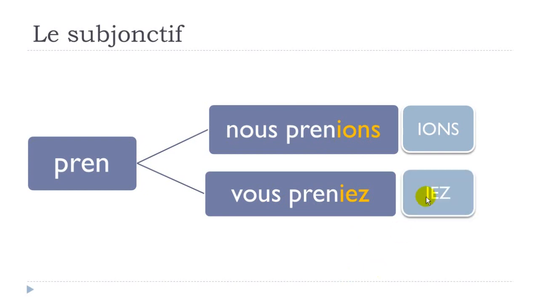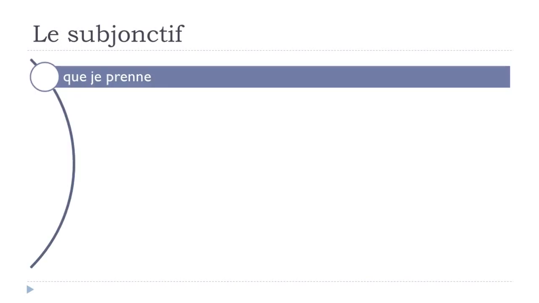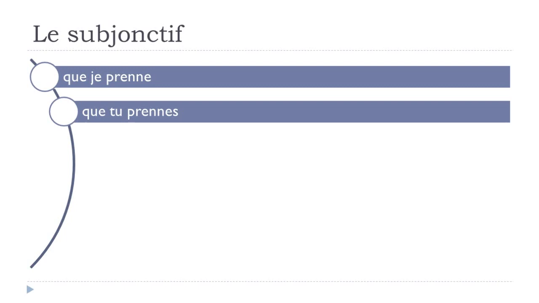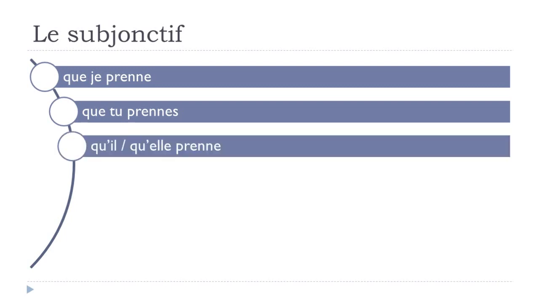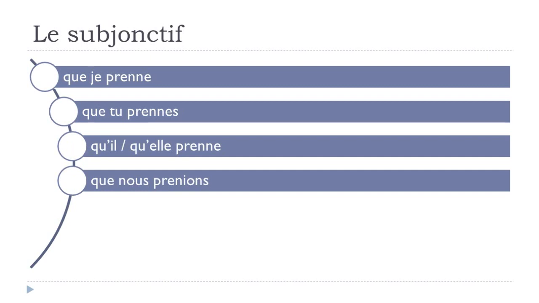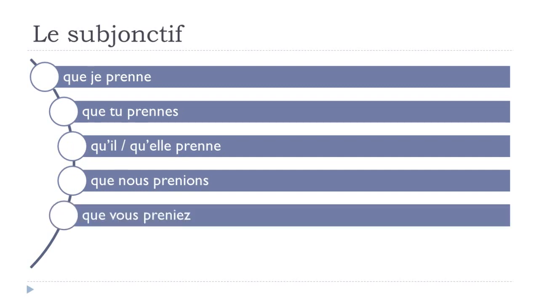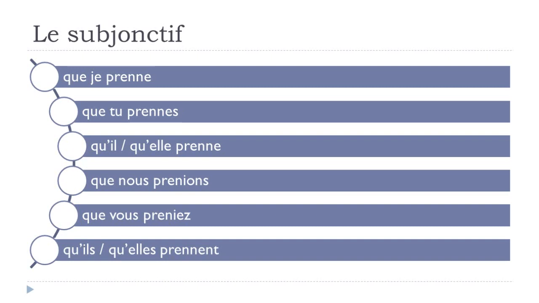Okay? If you remember, it looks quite familiar because it's the ending as well for the imparfait form that we saw a while ago. Okay, so let's have a look now at the full thing. So, que je prenne, que tu prennes, qu'il prenne, qu'elle prenne, que nous prenions, que vous preniez, qu'ils prennent, qu'elles prennent.